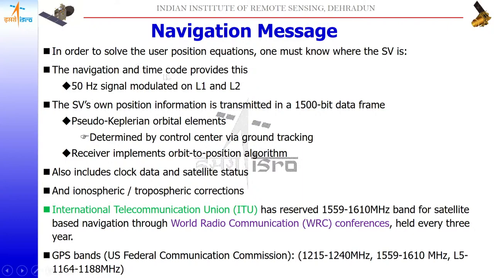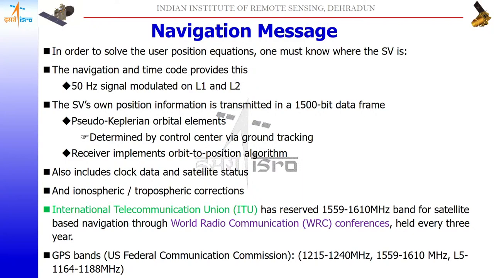The navigation and time message provides a 50 Hz signal modulated on L1 and L2. Satellite vehicle position information is transmitted in a 1500 bit data frame. Pseudo-Keplerian orbital elements are estimated and determined by the control center via ground tracking. The receiver also implements an orbit-to-position algorithm.